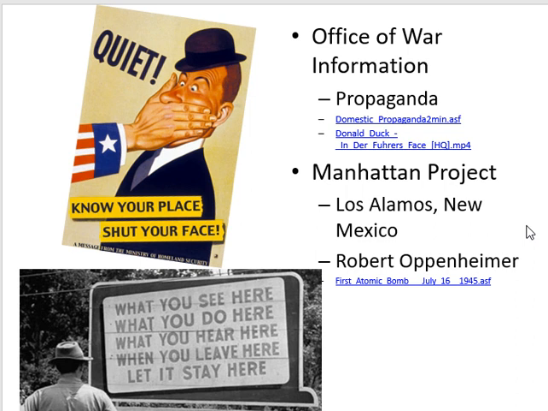Everyone who lived at Los Alamos, New Mexico, had to stay there. They were never allowed to leave because, again, of this possible leaking of information. Obviously, we're going to get to our rationale of using that weapon later on when we get to some battles, right? So definitely lots of stuff going on with that.